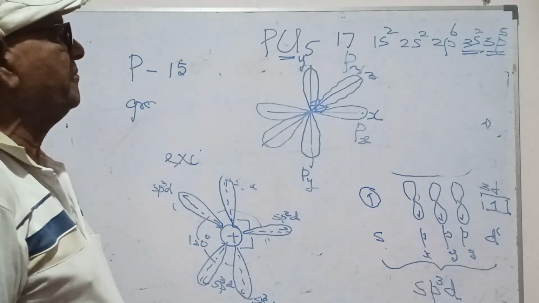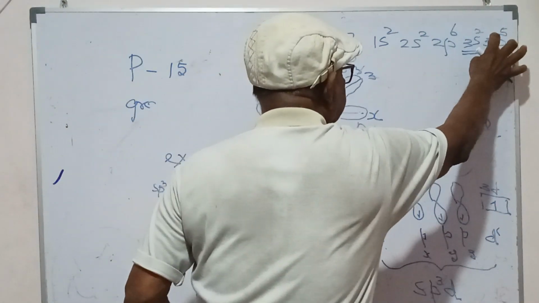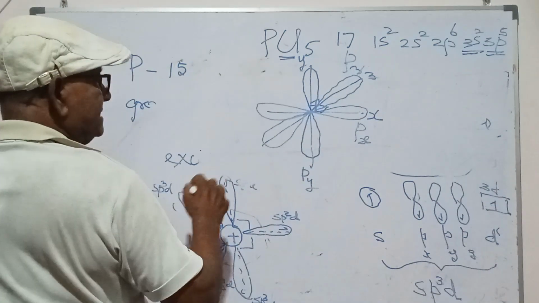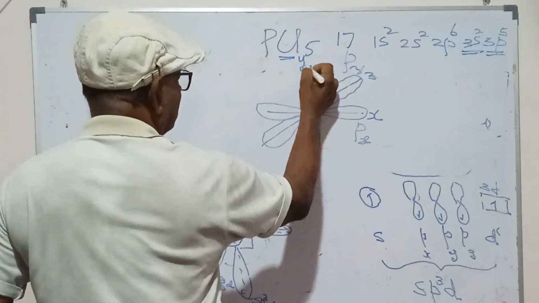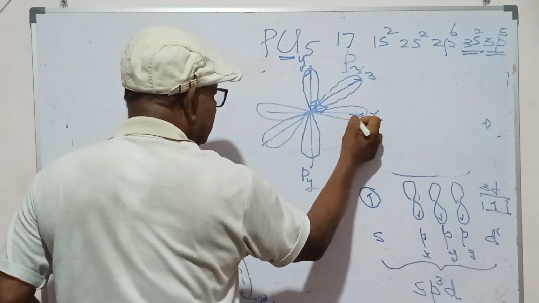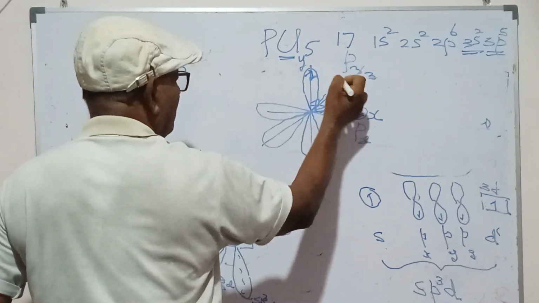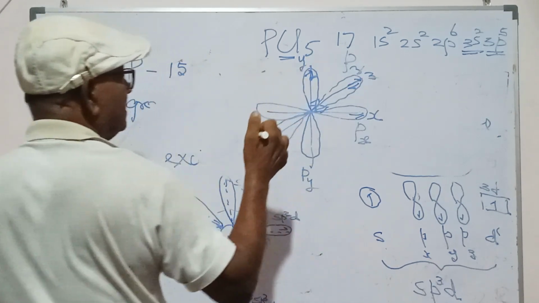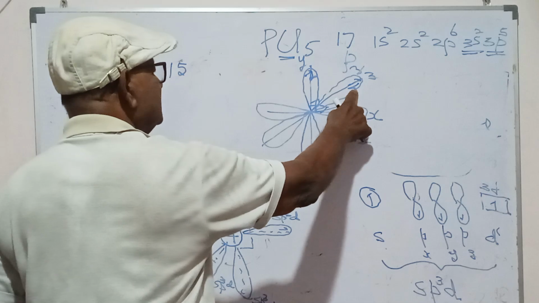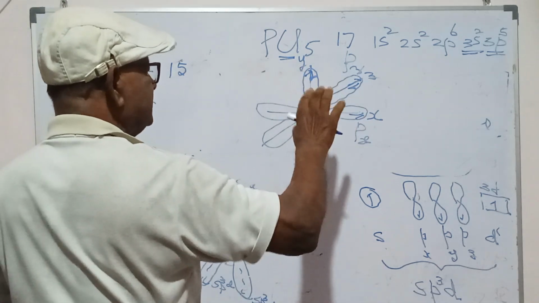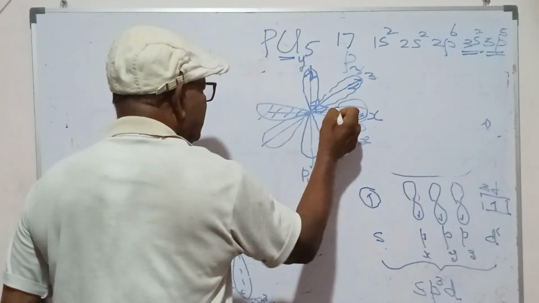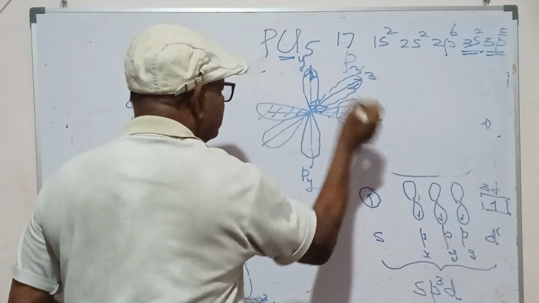These are the arrangement of 3p5. 3p, 5 electrons. Then 1 electron, 1, 2, 3, 4, 5. That's all. These two orbitals are filled with 2 electrons in each. This one has only 1 electron.